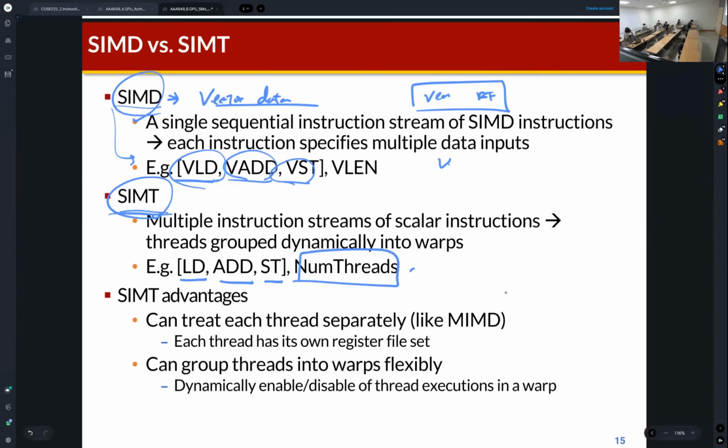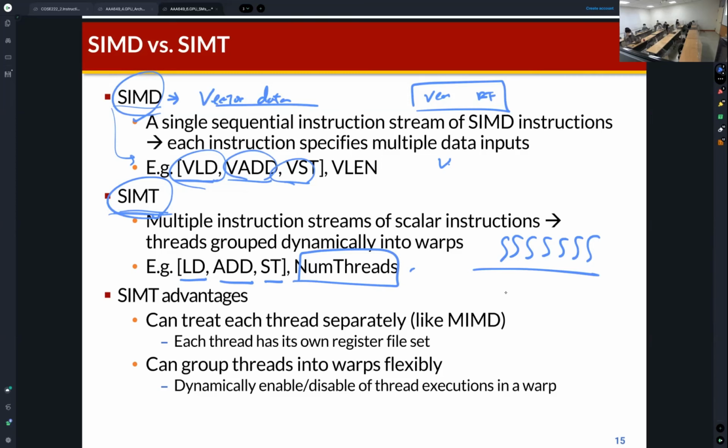For SIMT, the programmer just decides how many threads are generated from the single kernel. These threads execute the same kernel code, and the programmer thinks the generated threads can be executed independently, concurrently.